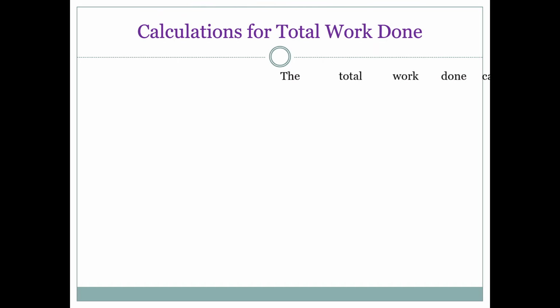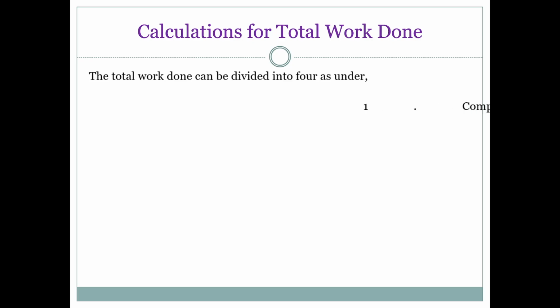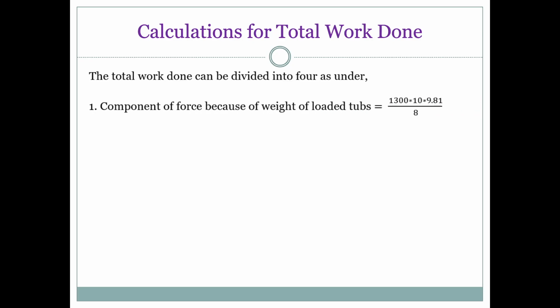So let's move on to the second part, that is the calculations for total work done. So the total work done is divided into 4 parts. Those 4 parts are: number 1, component of the force because of the weight of loaded tubs. So that is given by 1300, which is 400 kg, the weight of an empty tub, plus 900 kgs, the weight of the mineral content.